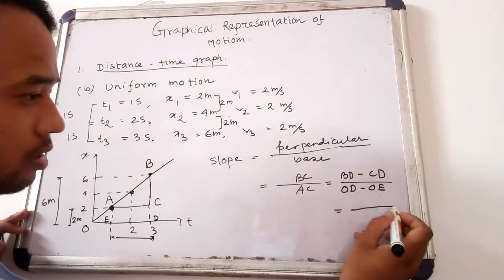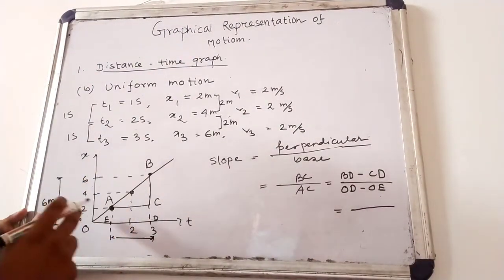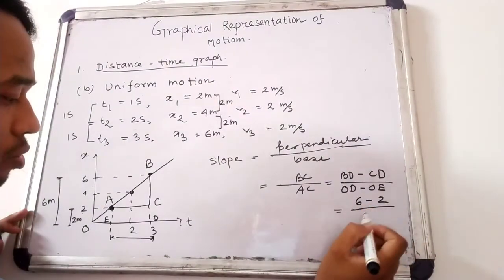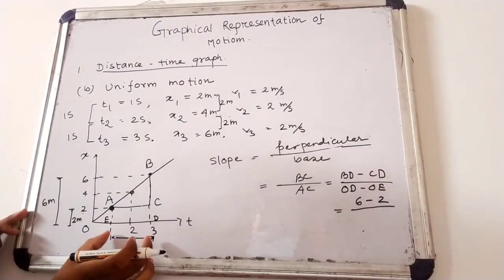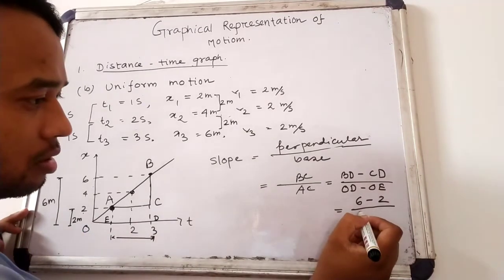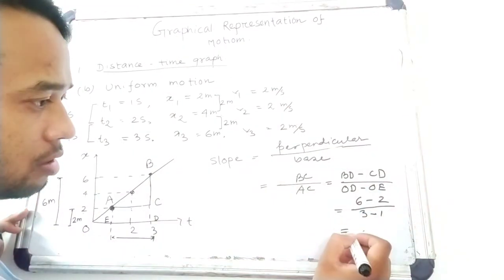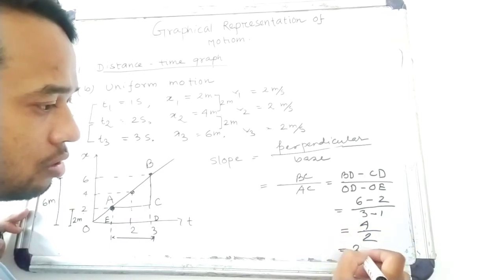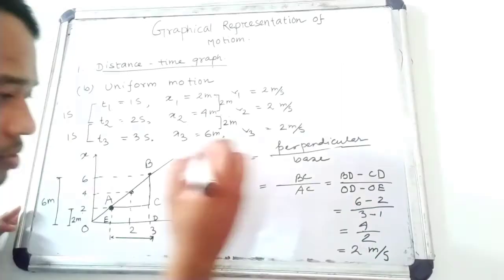So BD is 6 meter, 6 minus 2, and for this portion 3 minus 1. So that is 4 by 2, which equals 2 meter per second.